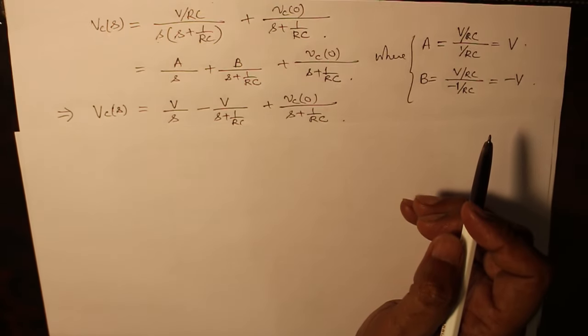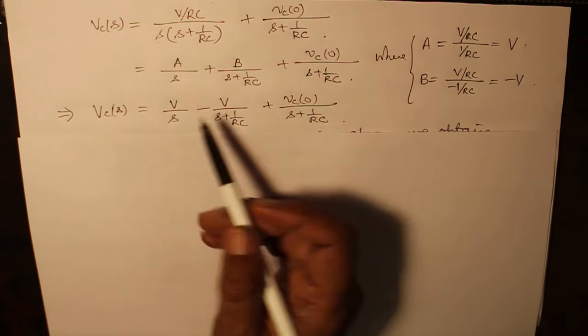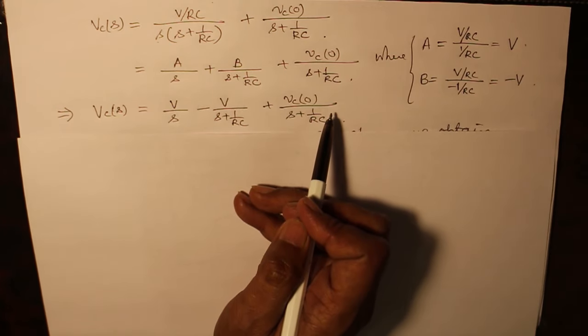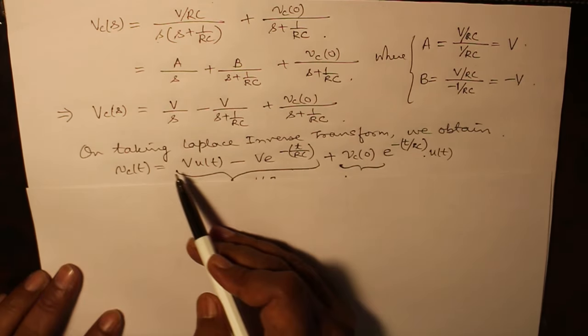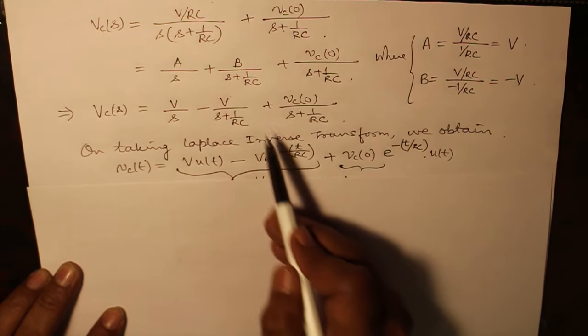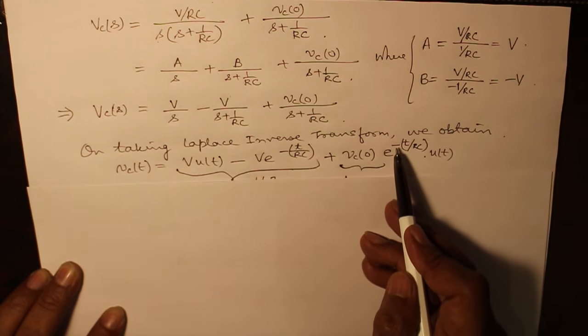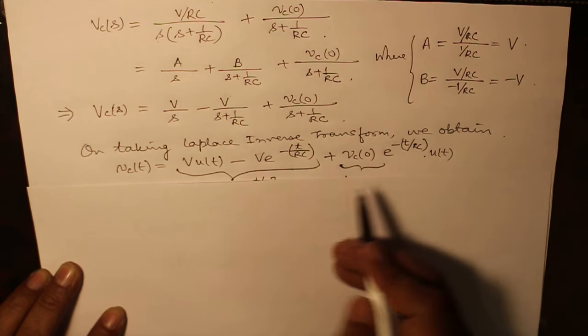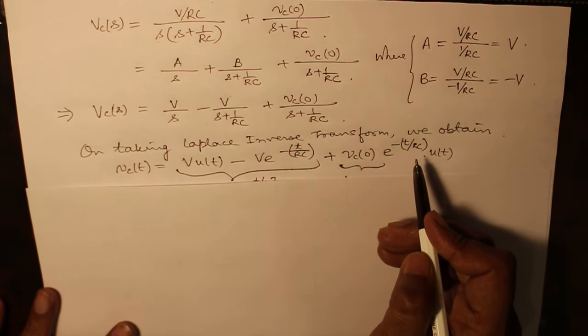Now we take the Laplace inverse. So VC(s) is, after replacing the value of V over s in these terms, we take the Laplace inverse and we get these expressions. vC(t) is V u(t) minus V e raised to the power minus t over RC, and VC(0) into e raised to the power minus t over RC. And obviously u(t) is there with each of these terms.